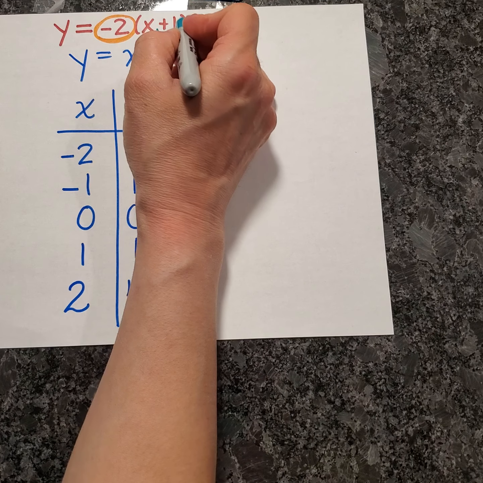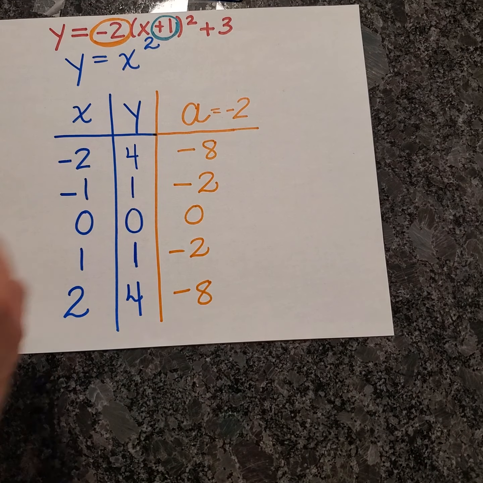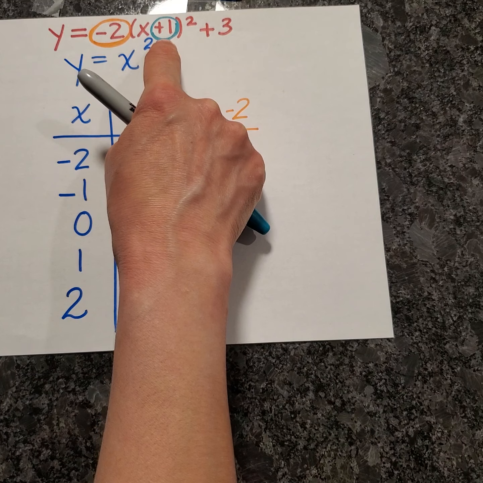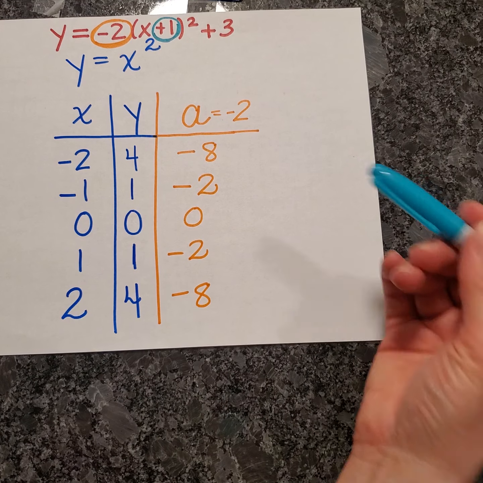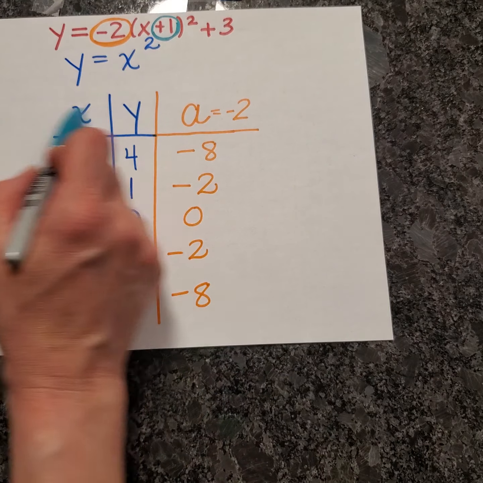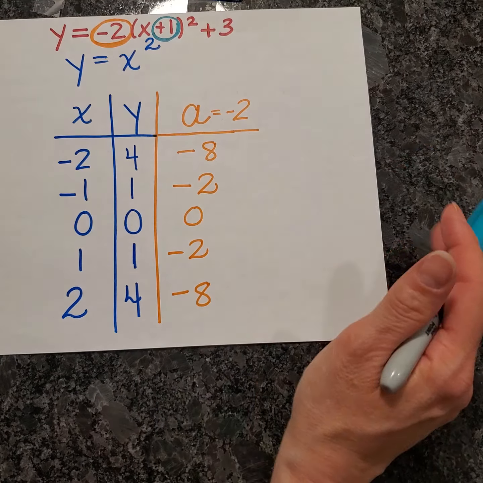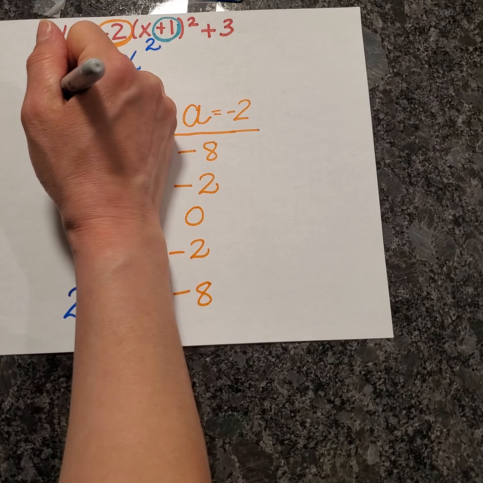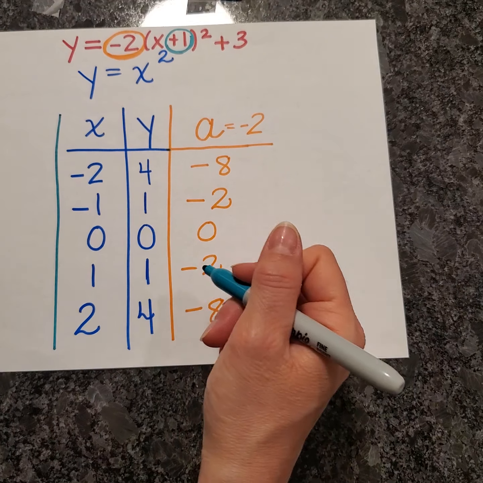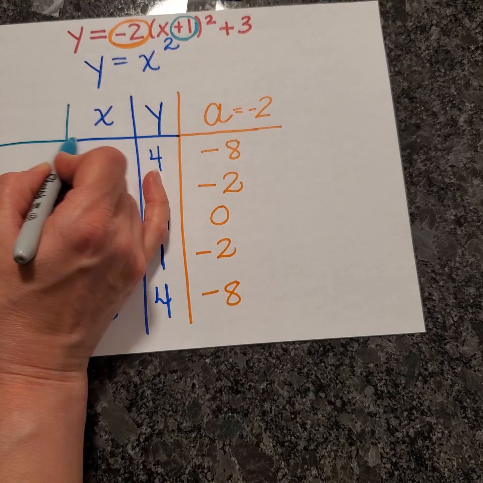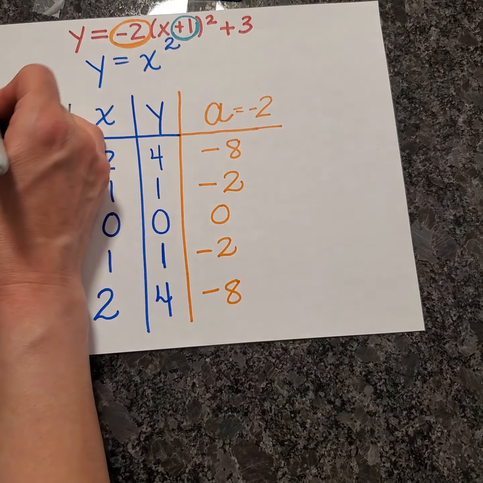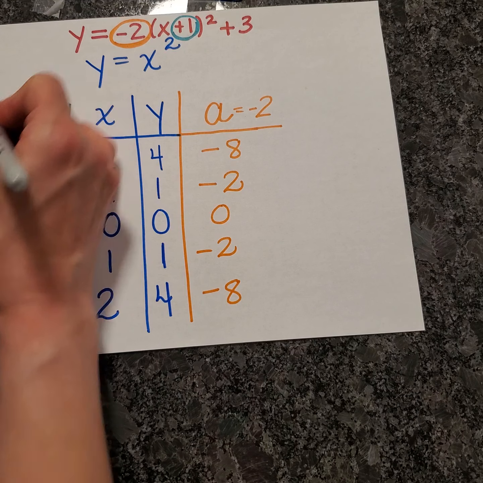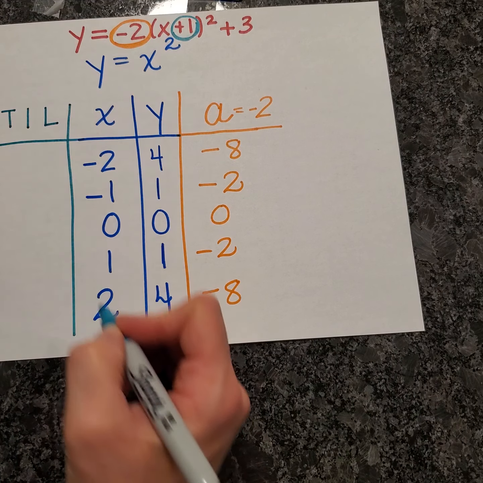This value tells me that I have shifted the parabola 1 unit to the left, a horizontal translation 1 unit to the left. When we move the parabola from side to side, we are not impacting the y values. Look at how nice and straight that line is. Now I'm going to add an additional column to my table of values to show that there is a horizontal translation 1 unit to the left.